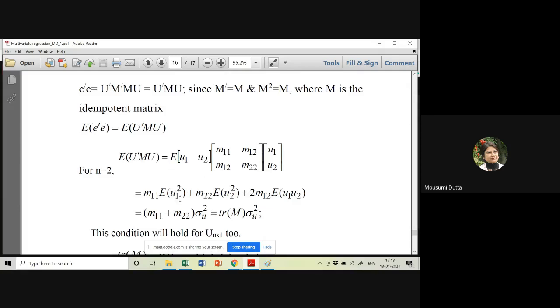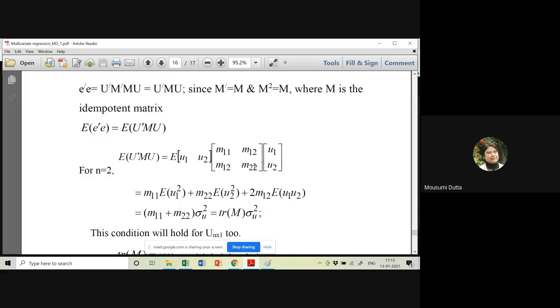I'll operate expectation on each of the error terms. So it is M11 expectation of u1 square, M22 expectation of u2 square, 2 M12 expectation of u1 u2. By the assumption of homoscedasticity, expectation of u1 square is equal to expectation of u2 square is equal to sigma u square. And by the assumption of non-autocorrelation, expectation of u1 u2 is equal to 0. So this entire thing reduces to M11 plus M22 into sigma u square.